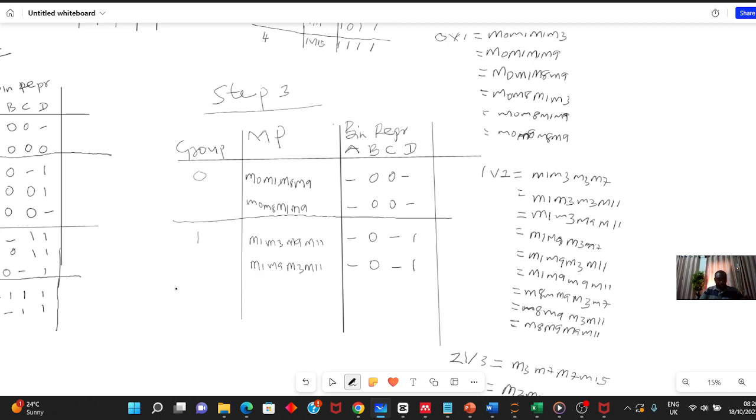And then for the last group, which is group 2, based on our mapping, if you do the pairing, you are going to keep M3, M7, M11, M15, and the binary representation is dash dash 1 1.